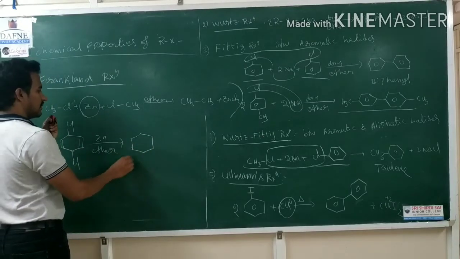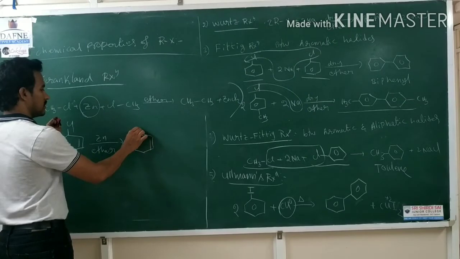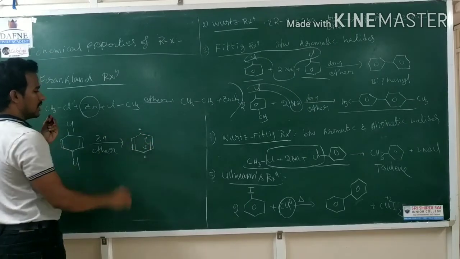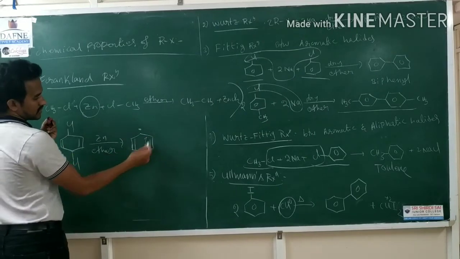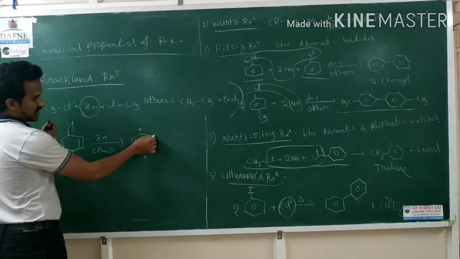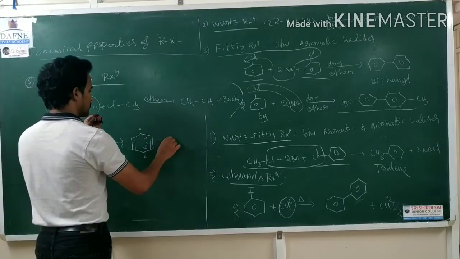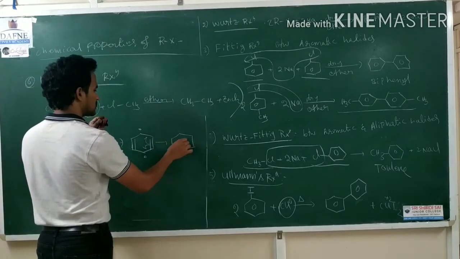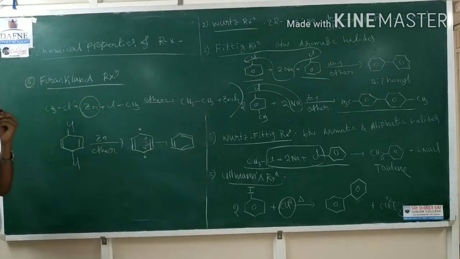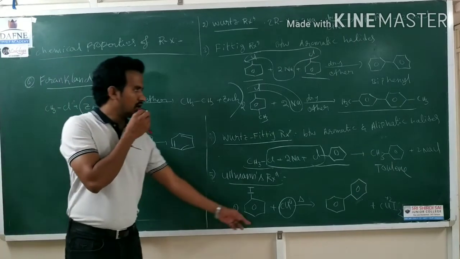In the radical mechanism, by the homolytic breaking of this pi bond, this carbon gains one electron and this carbon gains one electron. So one electron each, bond formation. Here the product is a pi bond, benzene is the product. Okay, Frankland reaction in the presence of zinc, Ullmann reaction in the presence of copper.